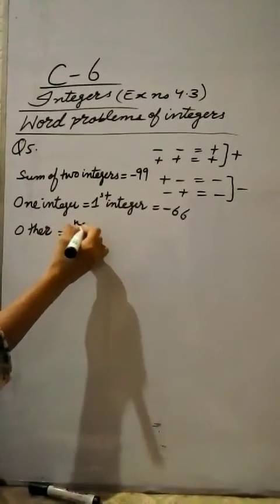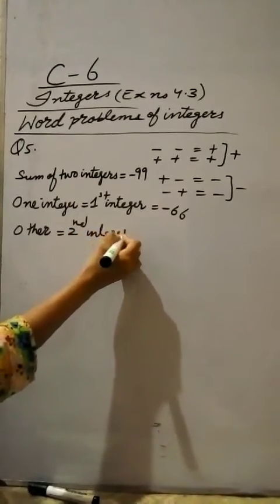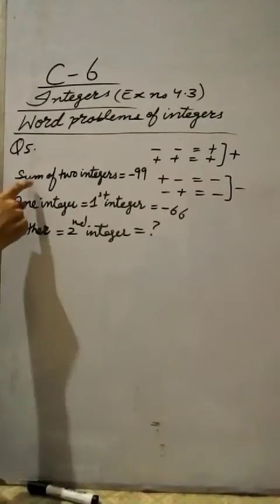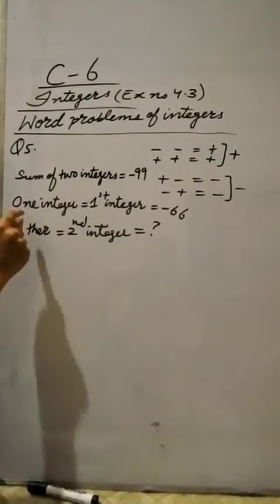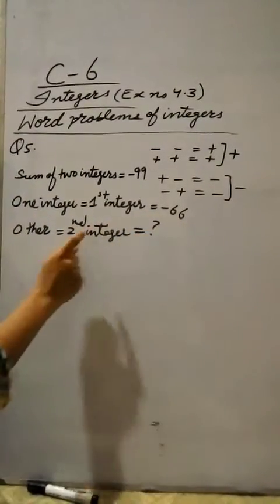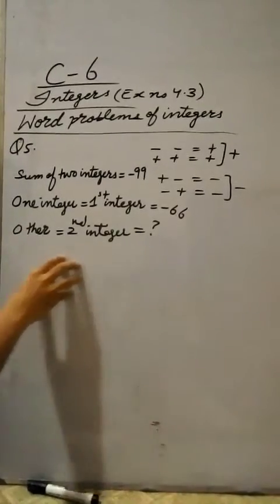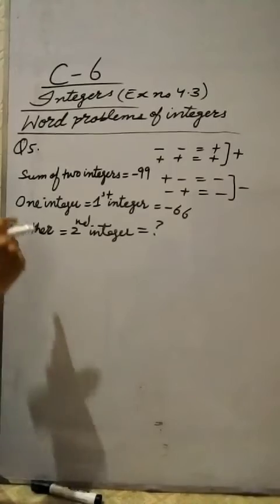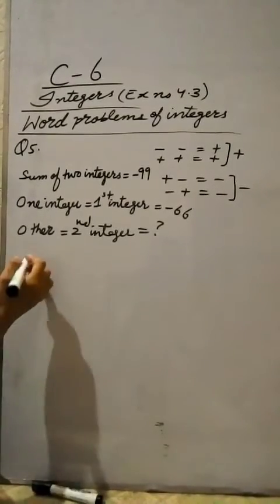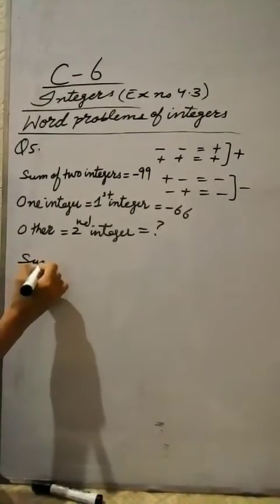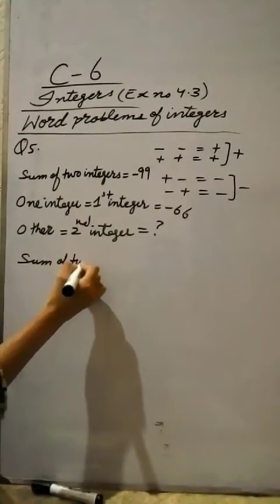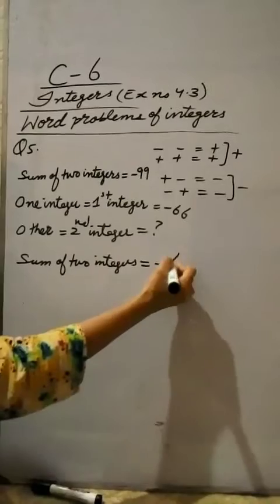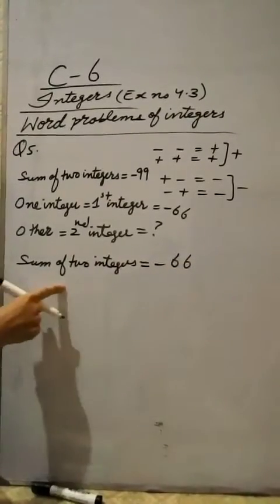Other means second integer equals question mark. What is the question? We have a sum of two integers. One is 66 and the second you need to find. How to make the statement? Sum of two integers. Sum means addition of two integers. So sum of two integers equals minus 99.